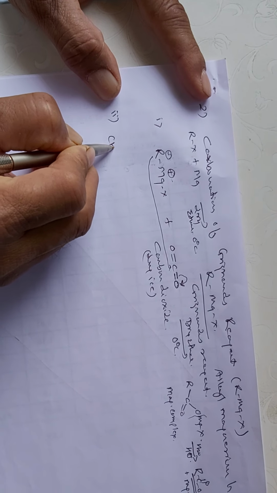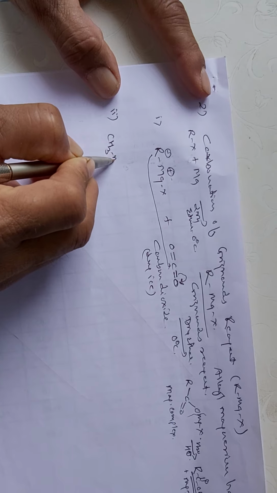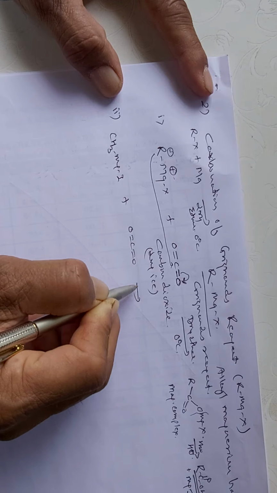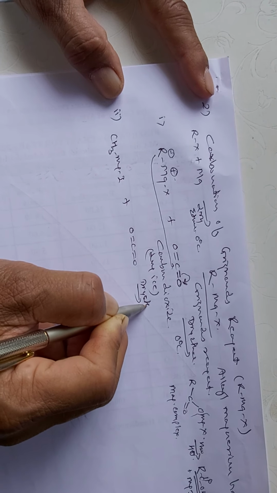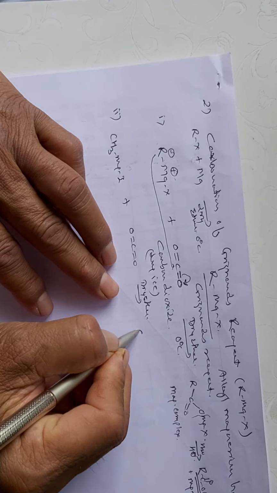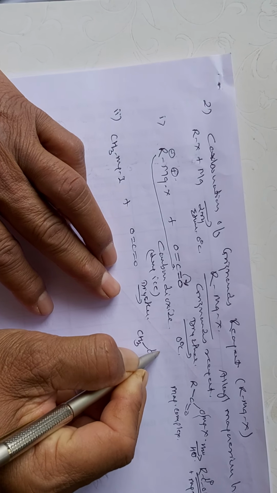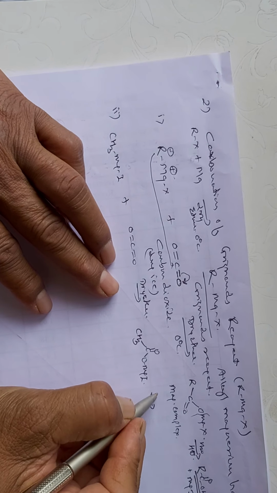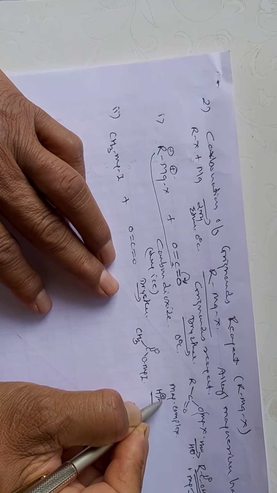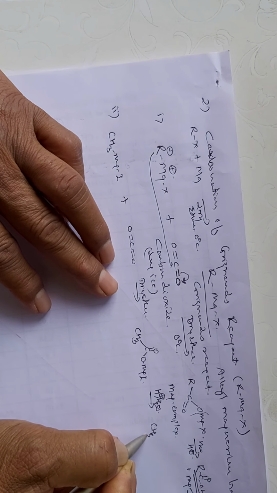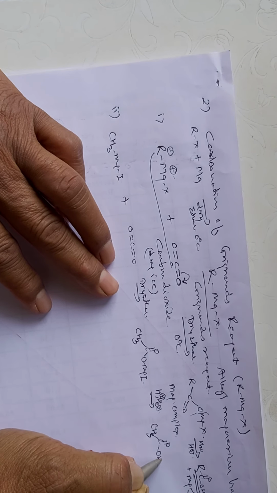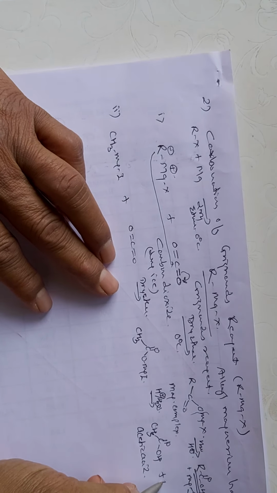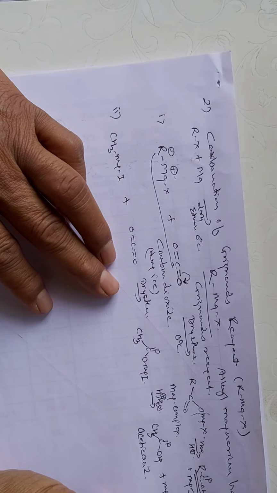So here if you treat methyl magnesium iodide with carbon dioxide in presence of dry ether, you will get the formation of CH3C double bond O, OMgI, which on hydrolysis will give you CH3C double bond O, OH, that is acetic acid, plus MgOHI.